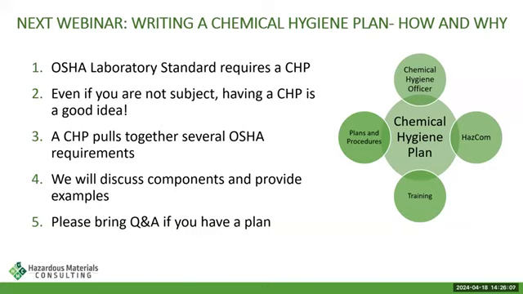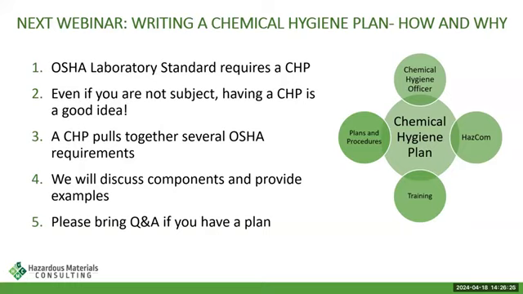As of October of 2023, the Department of Education has adopted the requirement that you have a chemical hygiene plan or a chemical safety plan. We're going to use that name interchangeably. Both chemical hygiene plan and safety plan are used interchangeably.